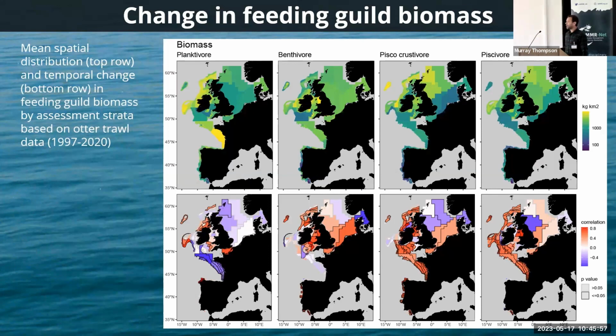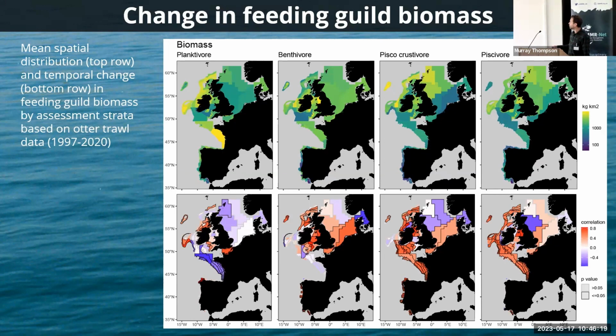So here we have the top row of plots to show how biomass is distributed as a mean. Planktivore biomass is typically higher in the Atlantic. Benthivorous biomass is highest in the Irish Sea. Pisco-crustivore and piscivore biomass increases moving northwest. The bottom row of plots shows temporal change in these.